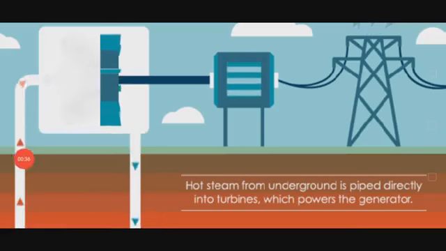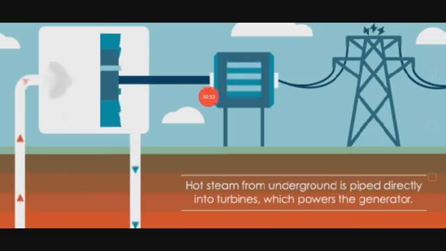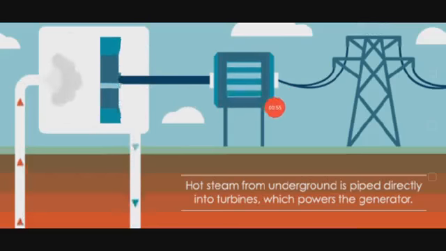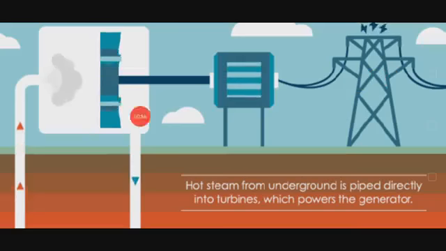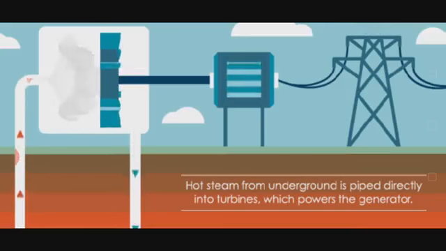This is the hot water which is coming from here, and this hot water generates this steam, and the steam runs this turbine, and this turbine is connected to the generator. Then this turbine runs this generator, and the generator produces the electricity, which is then transferred to the homes. And this is the geothermal power plant. So these are built at these hot spots.